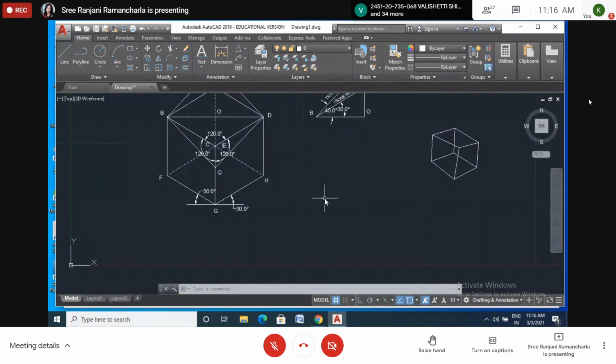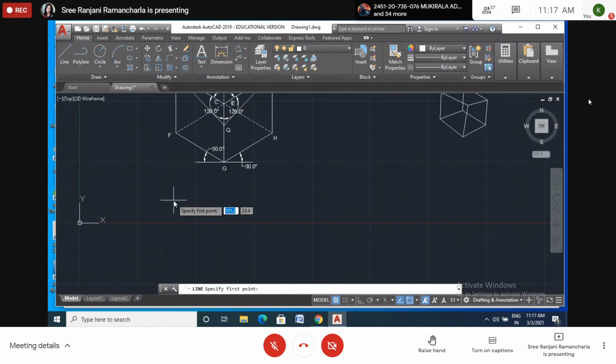Now, first plane is square. Isometric drawing of a square. Just write down this. So here I will draw the square. I will draw some length, I will take as 40.